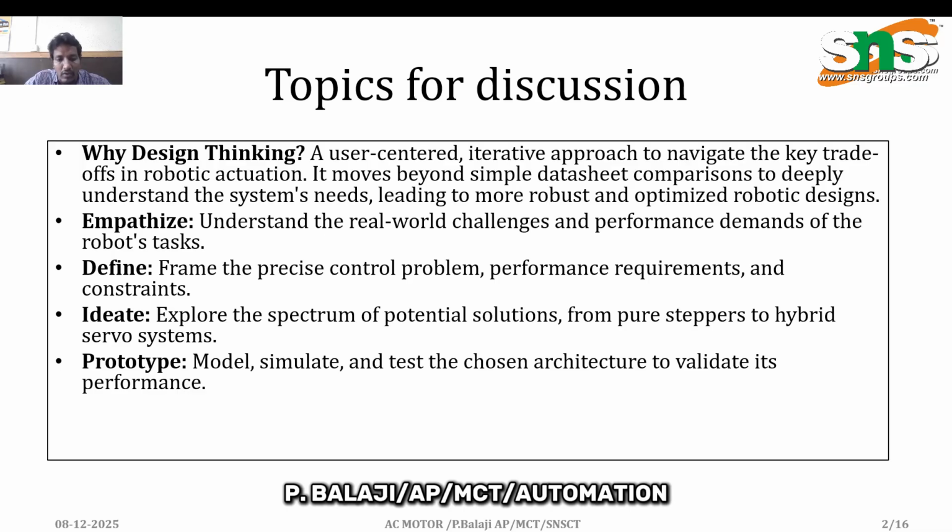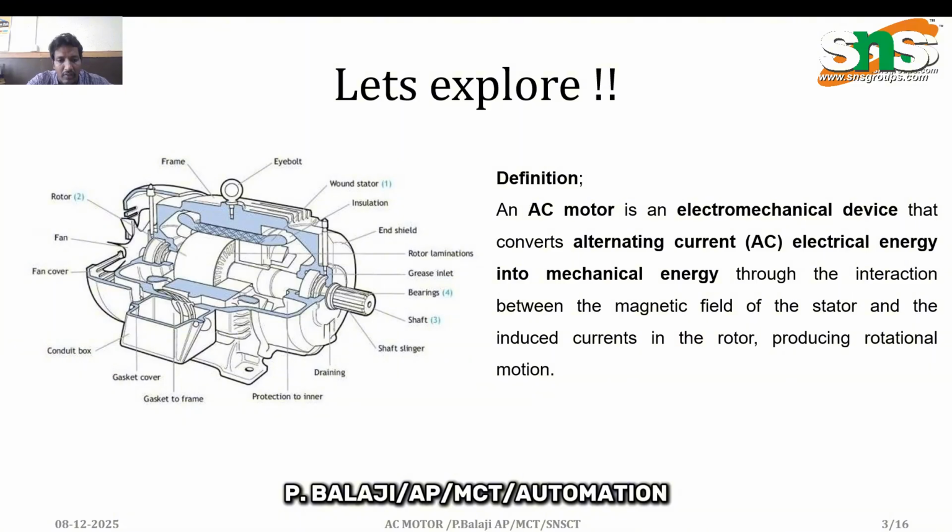We'll go through five stages: empathize, understanding the users and system challenges; define, framing the core problems; ideate, generating possible solutions; and prototype, testing the concepts. By the end you will see how design thinking improves the selection of systems.